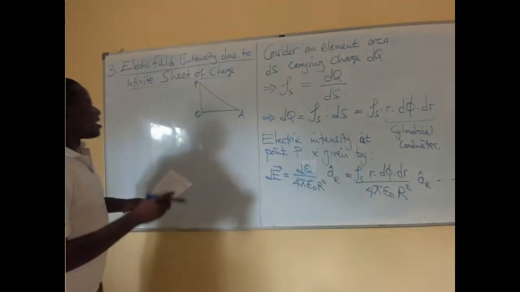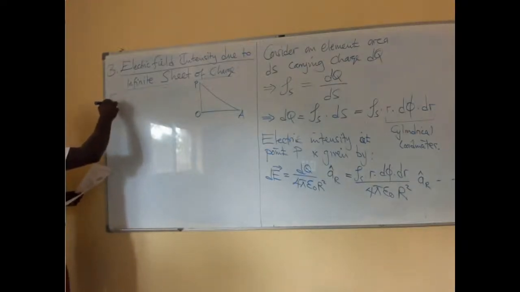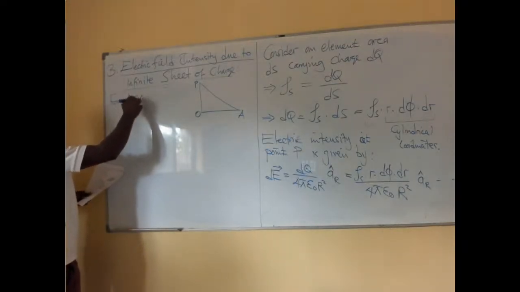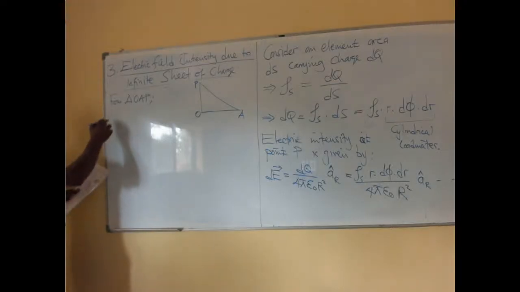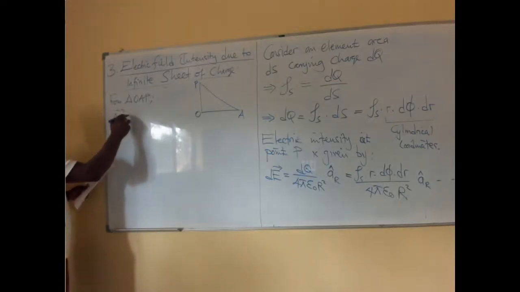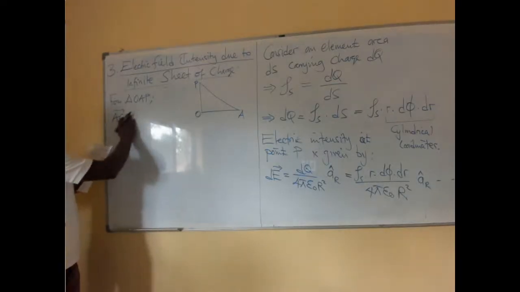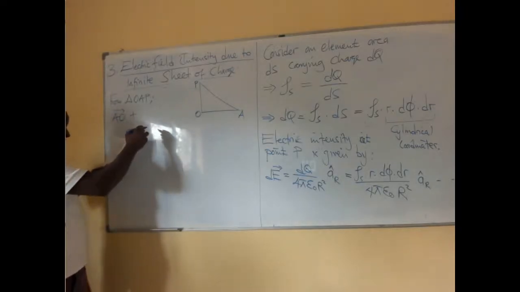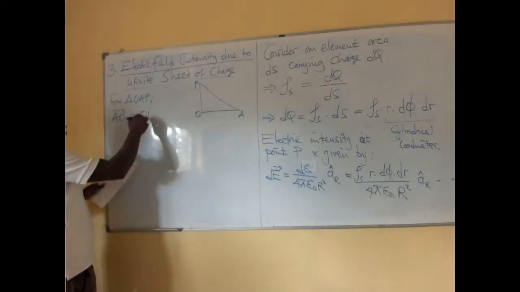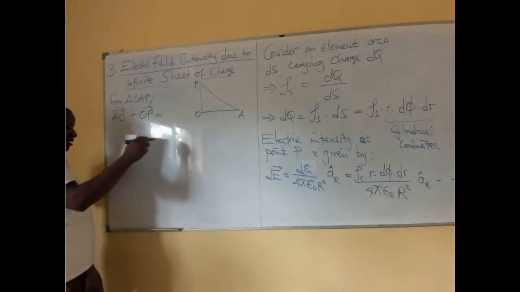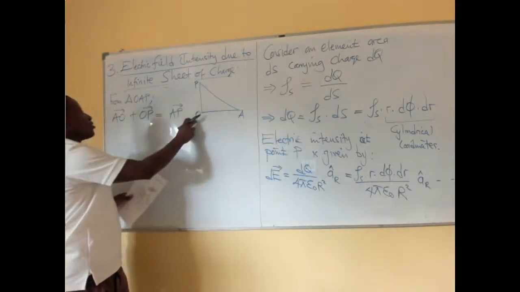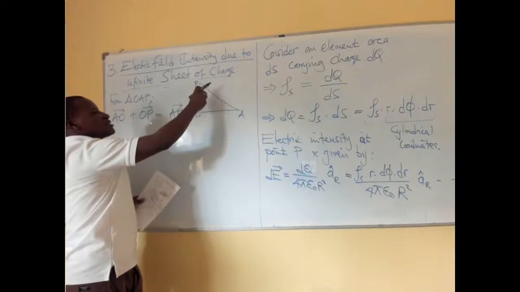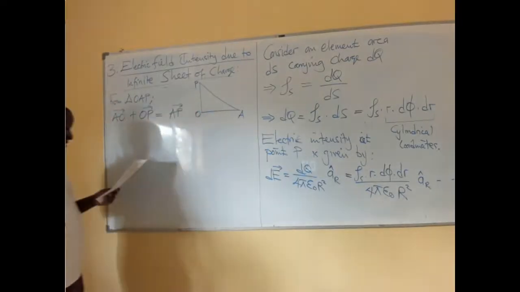So, from this triangle OAP, what we are able to get is that AO plus OB must be equal to AP, as simple as that.